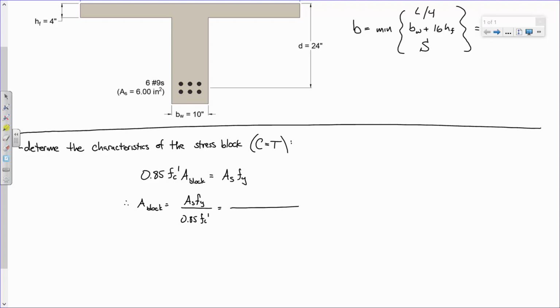So that is 6 square inches, 60 ksi, and then 0.85 times, I believe this problem is 4 ksi. All right, and so what does this come out to be?